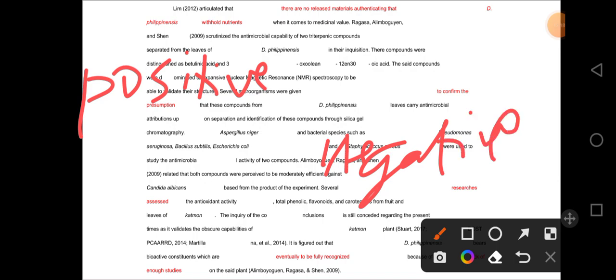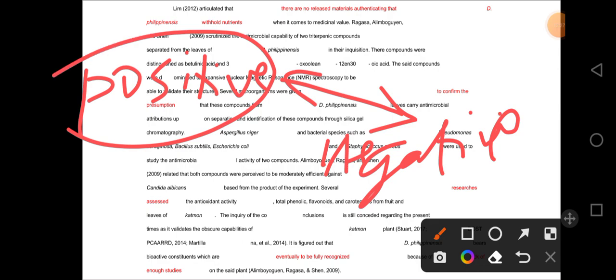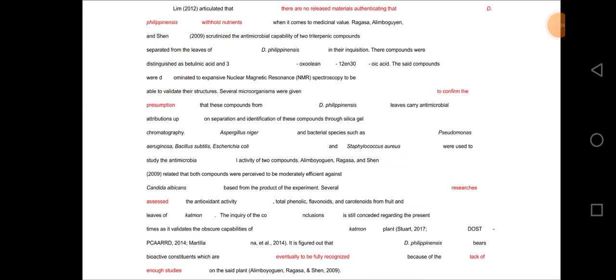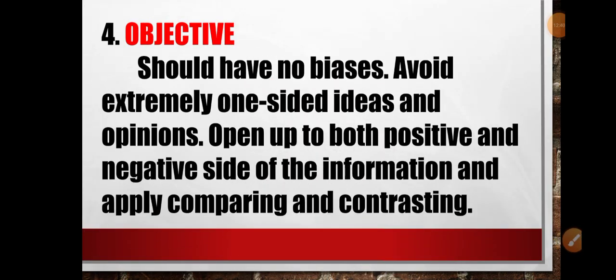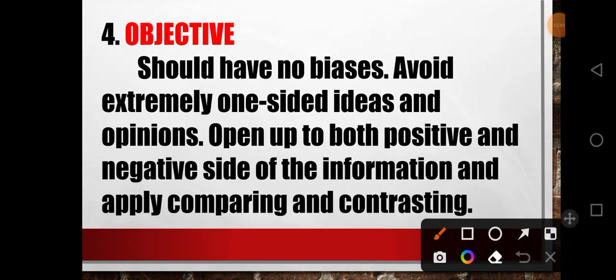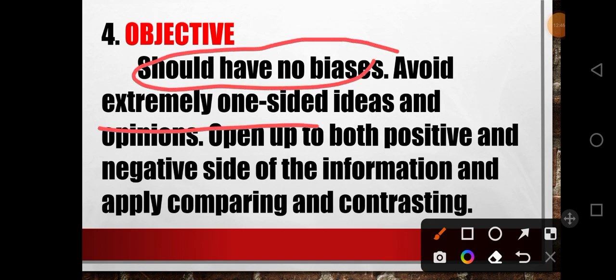And when we have information that are contrasting from one another, is it biased? Obviously, if we have contrasting information, it means that we are two-sided. And if we are two-sided, it means that we do not lean to any biases. Therefore, a good RRLS must be objective. It must not contain any biases. So we must avoid extremely one-sided ideas and opinions.